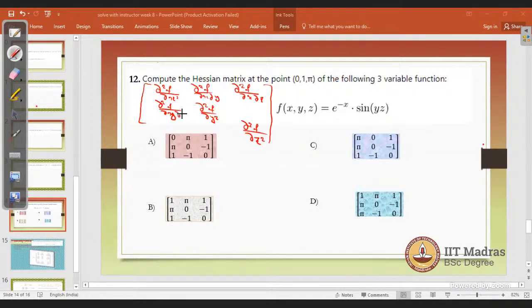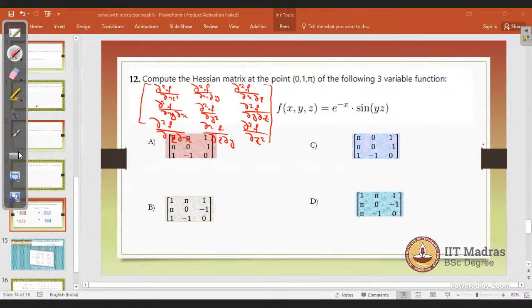Now, del square f upon del x del y is actually del y del x. And this one should be del square f upon del z del x. This is the combination: del y del x, del y del z, and this one will be your del square f upon del y del z, and this one will be your del square f upon del z del y.